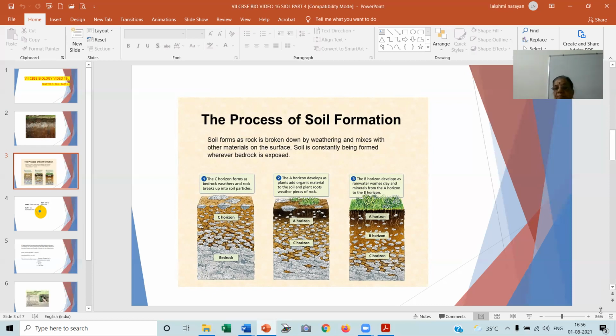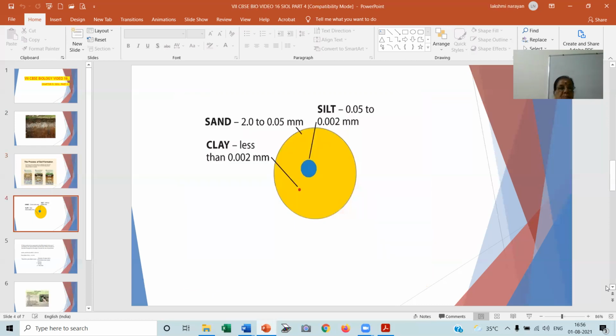Then the next one is soil particles. As we know, the types of soil are sandy soil, clayey soil, and loamy soil. Loamy soil, otherwise forming as silt, is softer and very good for plants to grow.